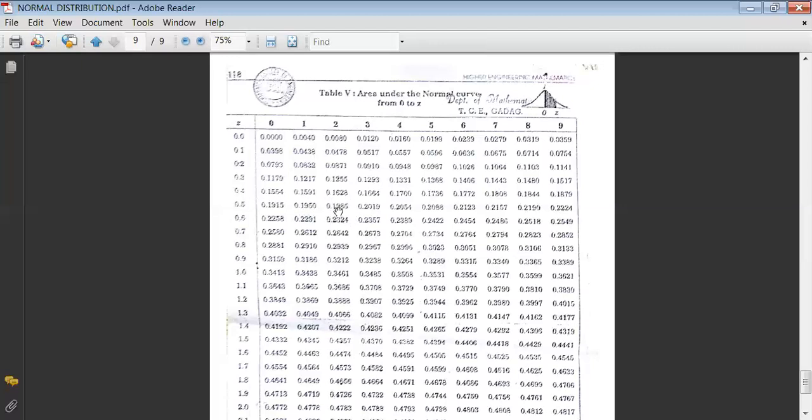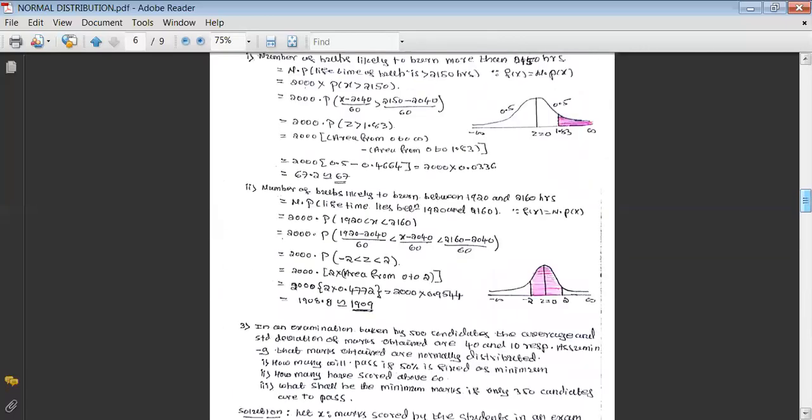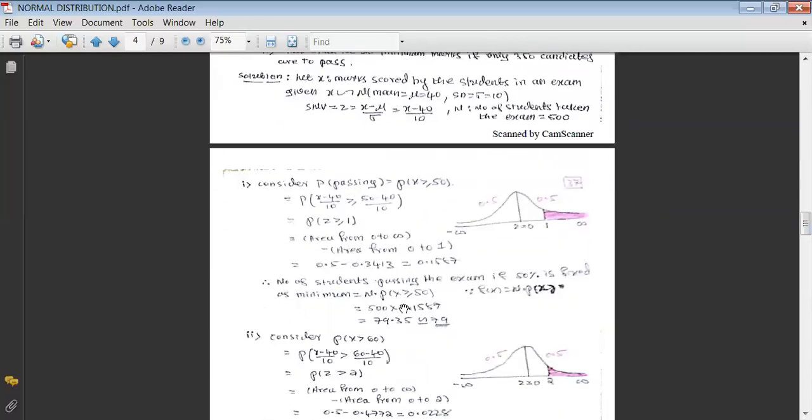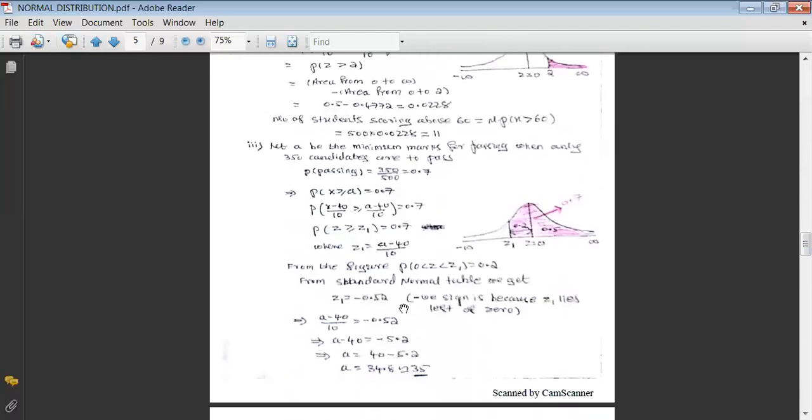The corresponding value of z is 0.5 with a difference of 2, that is 0.52. So the z1 value is 0.52.